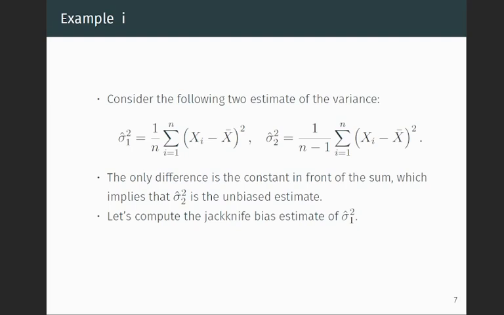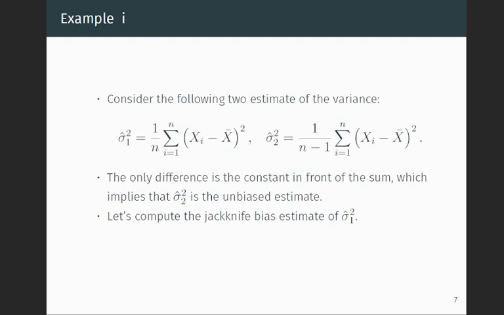So consider the following 2 estimates for the variance. You've seen those 2 estimates before. The one on the left is the one you get from maximum likelihood estimation. And so it's the sum of the squared differences between xi and the sample mean, x bar, divided by n. And we have the other estimator on the right, which we know is unbiased. That's usually the way it's motivated.